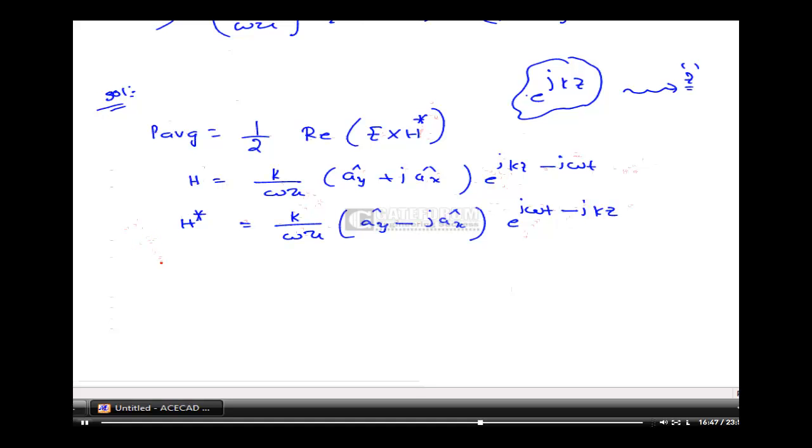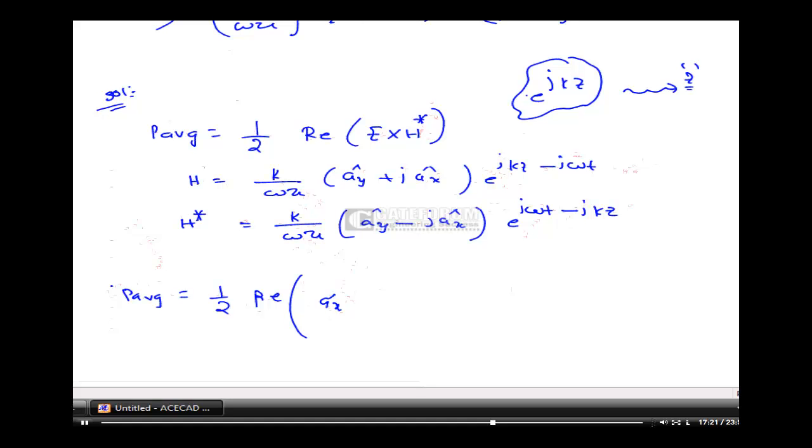So the average power is half into E cross H star. Therefore, average power is given by half into real value of E cross H star, because here the amplitude is K by omega mu, that is common.